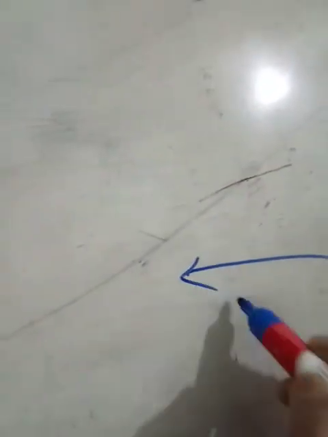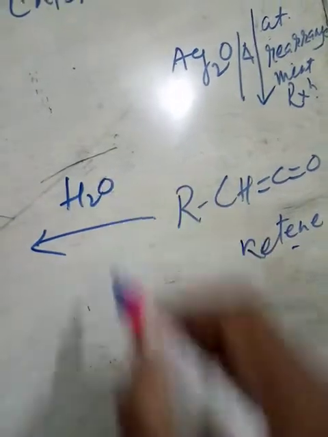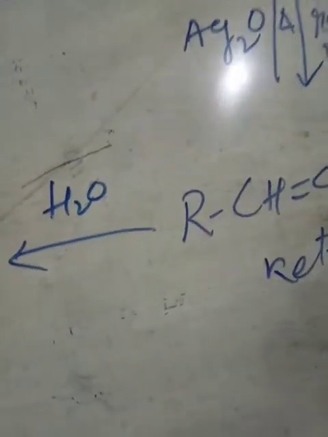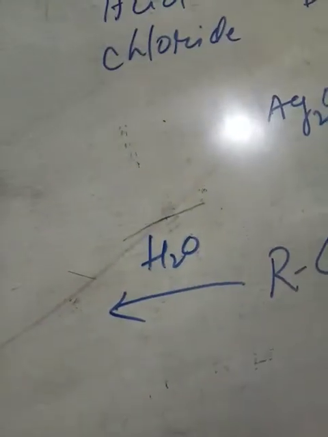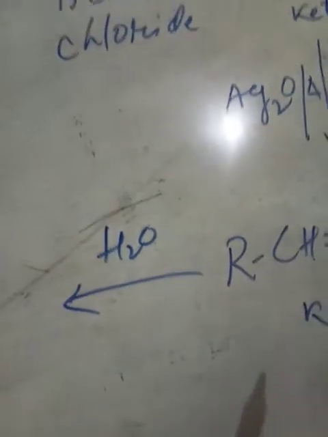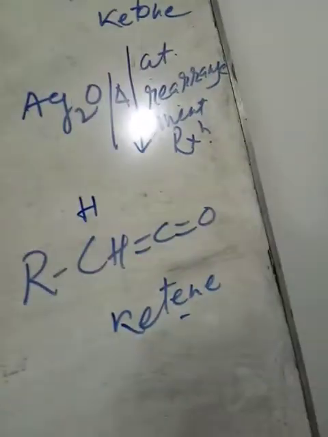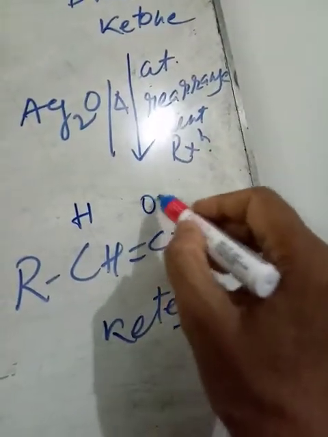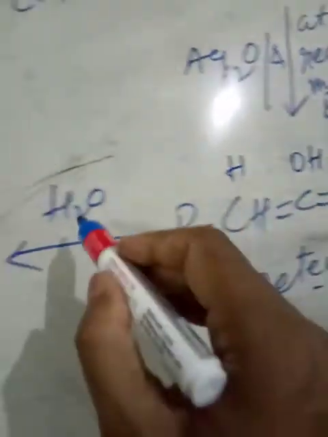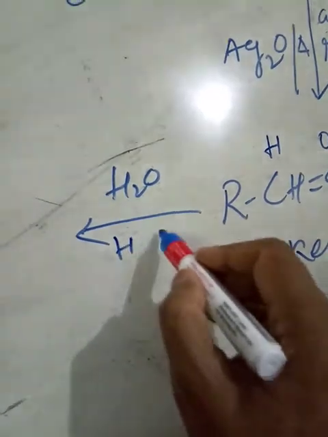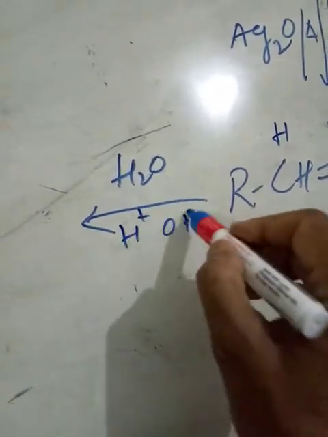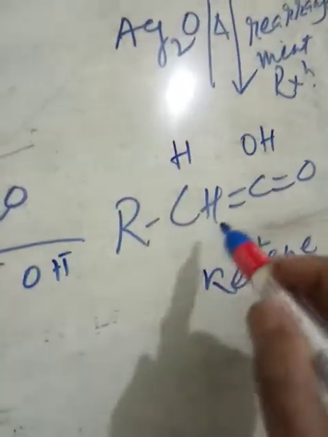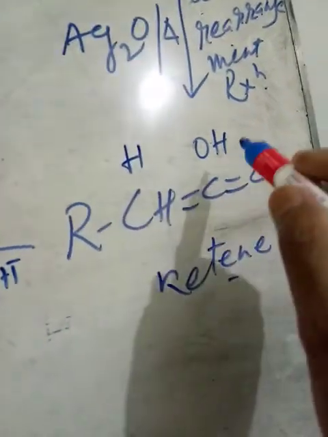This is ketene, which on hydrolysis you will get an acid. On hydrolysis, you will get 1 H to this carbon and 1 OH to this carbon from water. H, OH, this is water molecule. So RCH, to H will be added and COOH.